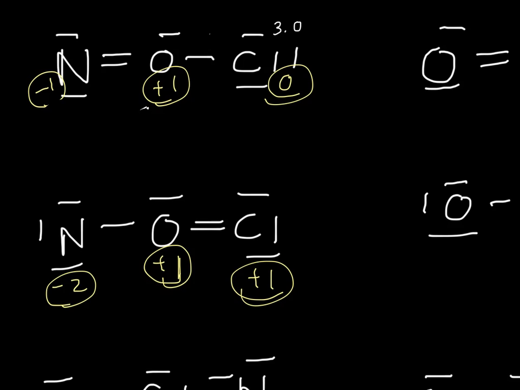Let's think about our first rule, though. Our first rule says that the formal charges should be as close to 0 as possible. Well, I've got a +1, -1, and 0 there. Down here, I have a +1, and -2. So the magnitude of the formal charges is higher here than it is here.